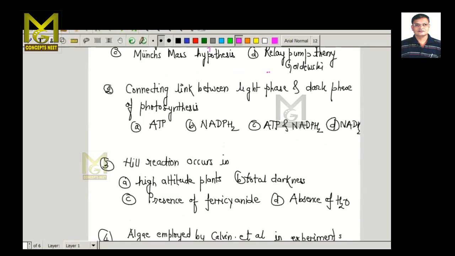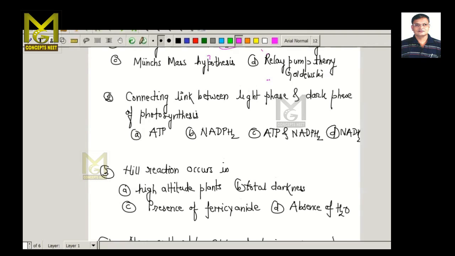The connecting link between light phase and dark phase of photosynthesis. We already know that in the light phase, non-cyclic photophosphorylation and cyclic photophosphorylation take place. This gives rise to NADPH2 and ATP, and these two are referred to as assimilatory powers.